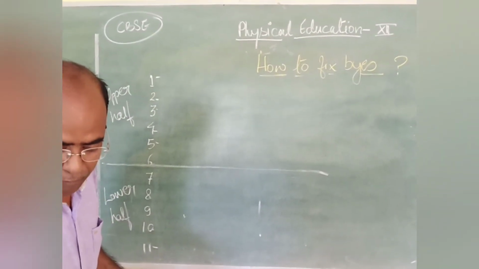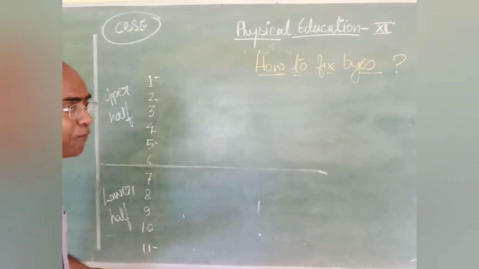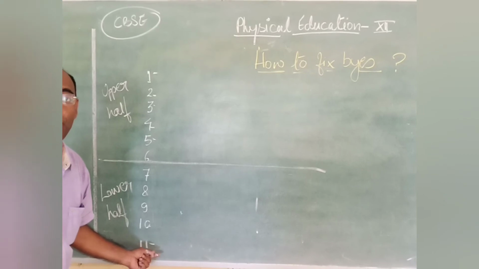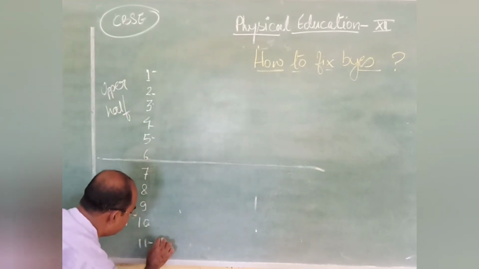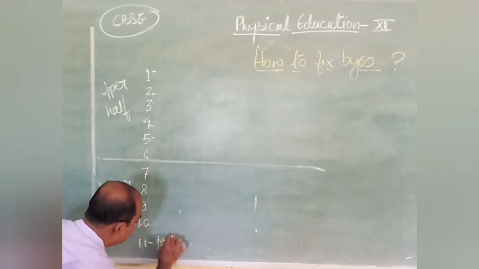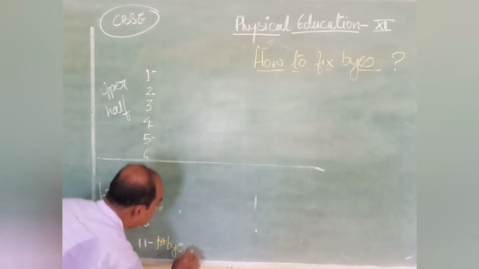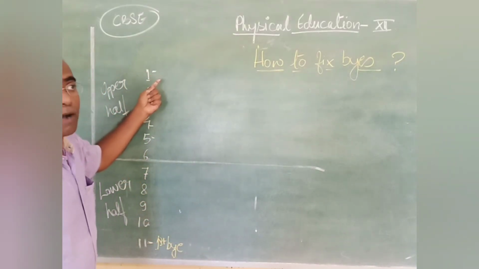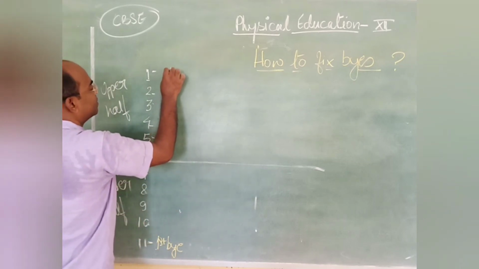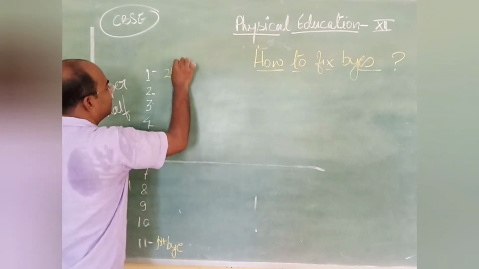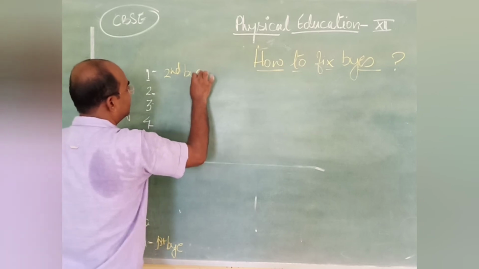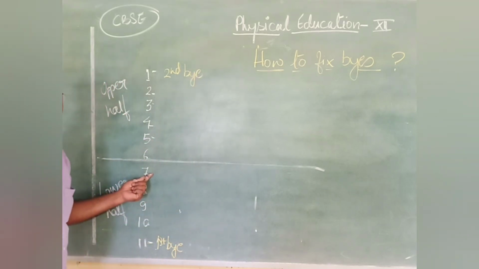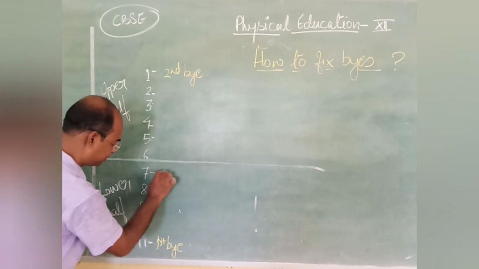Okay, the first bye we are giving to last team of lower half. So this is first bye. Second bye we are giving to first team of upper half. Third bye we are giving to first team of lower half.